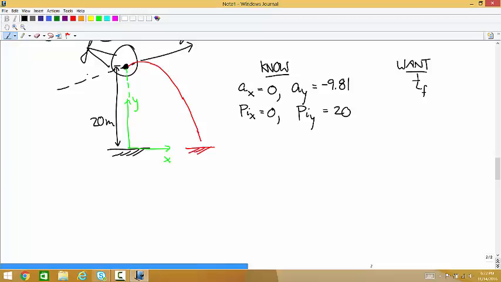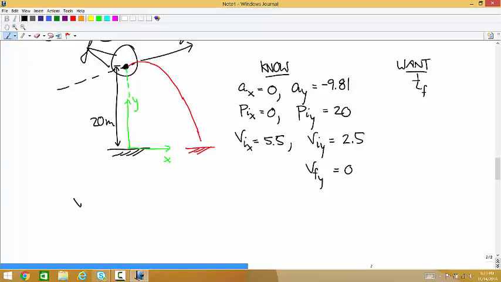We know the initial velocity is 5.5 for x and 2.5 for y. And we know that the final velocity, y component, is equal to 0 because that's how you specify the highest point.